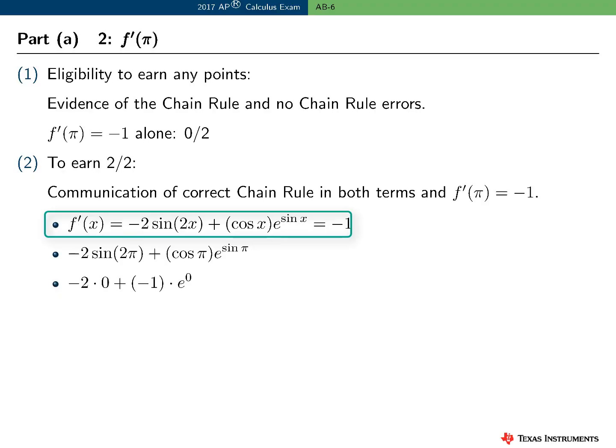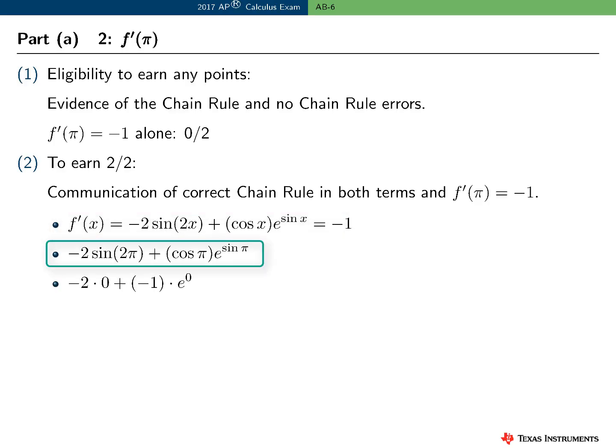In the first example, even though the student has not substituted pi for x, they'd still receive 2 points. In the second example, the student didn't evaluate the trigonometric function nor the exponential function, but it's a numerical answer. And remember, final numerical answers don't need to be simplified, so the student would receive 2 points.